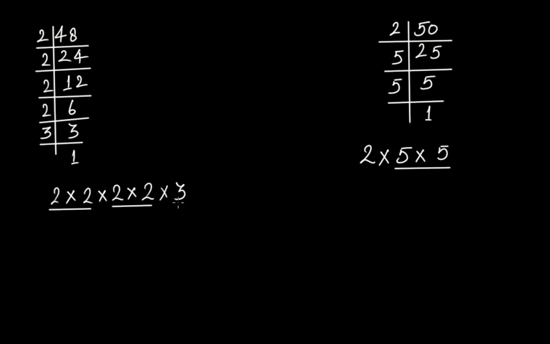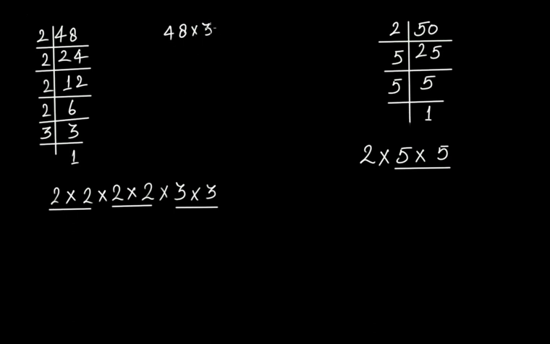If you look at this prime factorization, if we make this 3 in pair, that is if we multiply this number with 3, then we'll get a square number, because now this number is in pair. It means that if you multiply this 48 by 3, this number will become a square number.